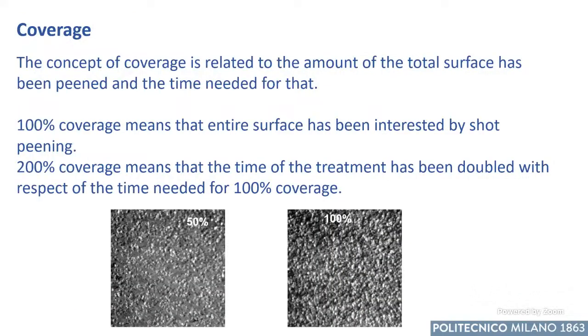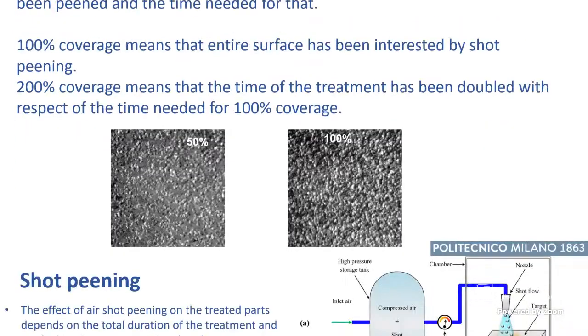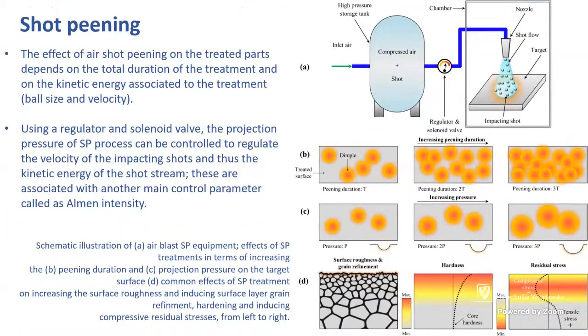The coverage is defined as the time that is needed to peen an entire surface. So 100% coverage means that the entire surface has been affected. 200% means that the time we are using is twice the time used for 100% coverage. And these two factors are the ones that affect the final result.